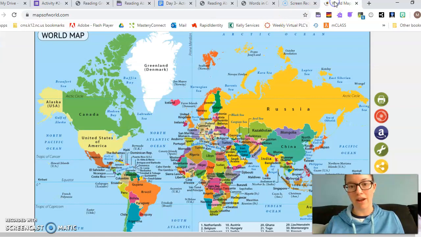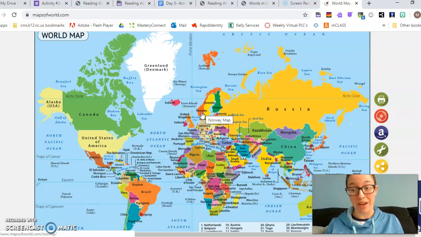So to give you a little background on who the Vikings are, they are people that lived in what's called Scandinavia, which is these countries of Norway, Denmark, and Sweden. So the Vikings lived here. And from the comic, we can see that they traveled or sailed on a boat because back in their time, that was the main way to travel. There were no cars, there were no airplanes.